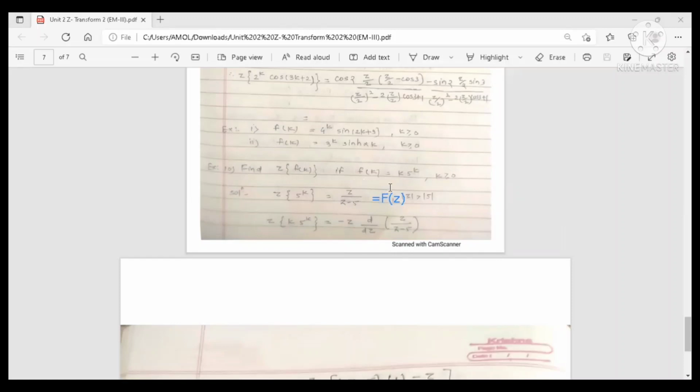Now you differentiate this f of z with respect to z into minus z. This is the multiplication by k property.